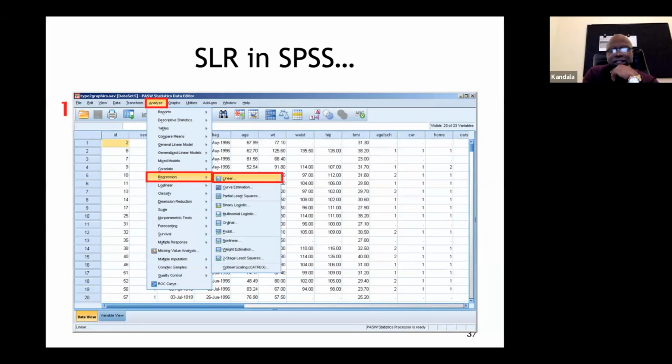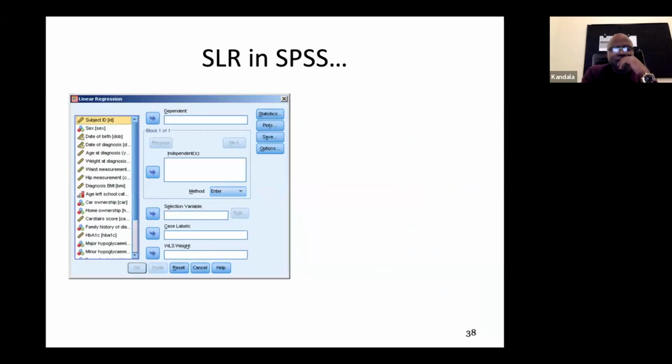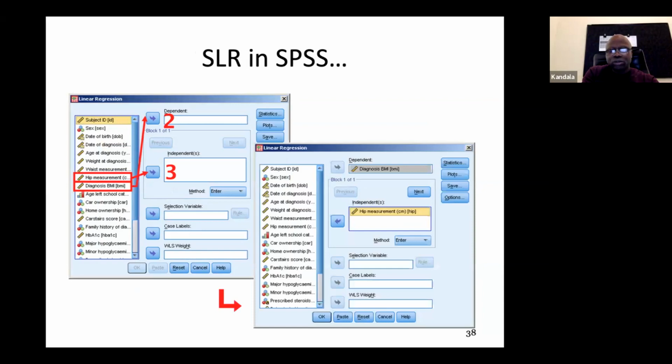So first step, Analyze, Regression, Linear, and then you will have this box where you choose the dependent variable and the independent variable. In this context, we are having a simple regression. The second step, you choose the dependent and independent variable, and you go to the Statistics there.